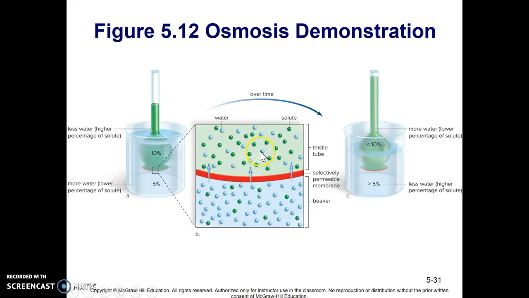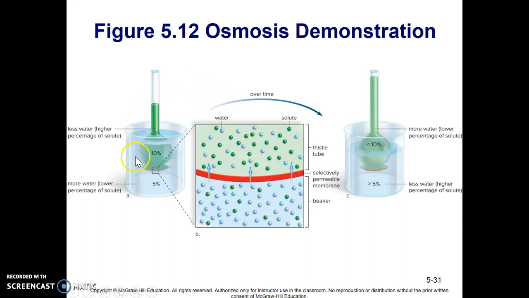It can't get through. Well, in order to balance it out, water, which is very small, H2O, can go through most membranes, water will enter. And so what this does is it spreads out the green molecules until they're the same concentration. They'll never be the same number of green molecules inside and outside, but they can be the same density or thickness or crowdedness, however you want to think about it. The concentration is the same.